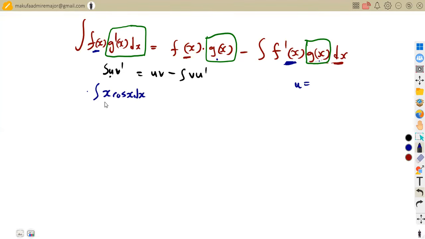So meaning to say, if we take u to be x in this case, what are you going to need? We are going to need the first derivative of u with respect to x, which is going to be a 1. Then from the v prime that we have, we've got v prime, which is the part that is remaining of cos x with respect to x.